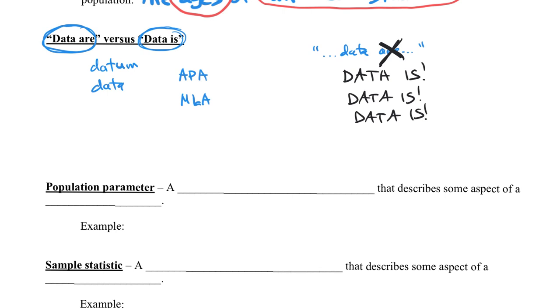So for us, either is okay. But you will notice our book is always going to say data are, as are most math and technical books. So either one in our class is okay, but my goal by the end of the class is to have all of you firmly on team data are. So we'll see how that goes.